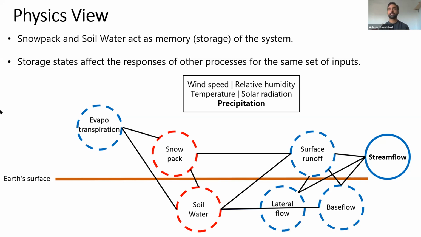Similarly, on a very hot day, the amount of water that will become available by snow melt will depend on how much snow is already there on the ground. So knowing these storage variables can help us do a better job in estimating streamflow.